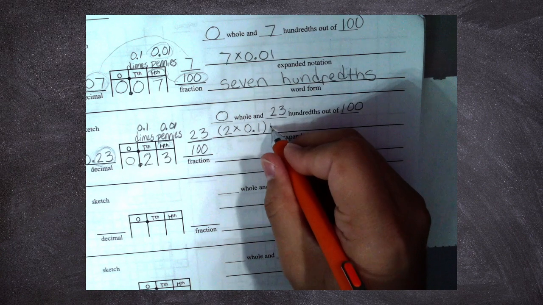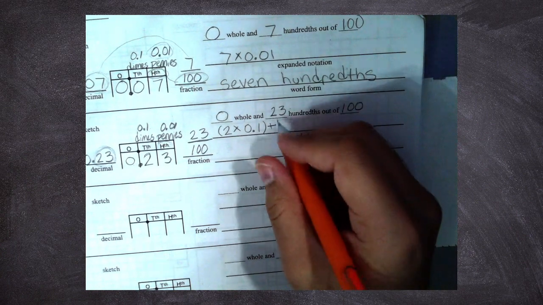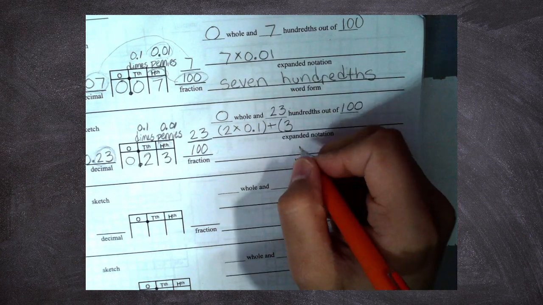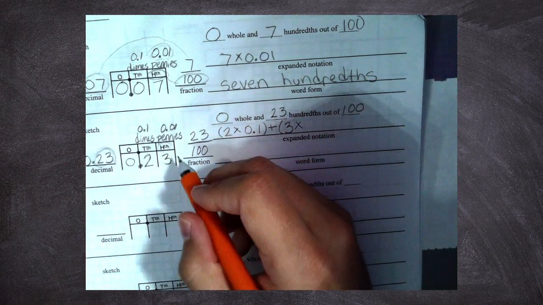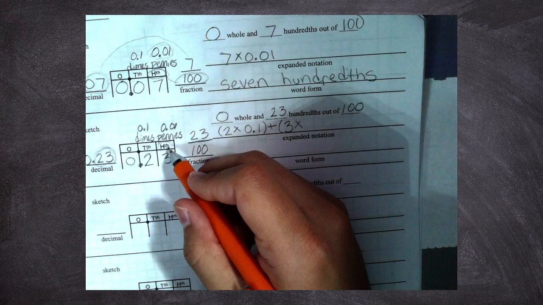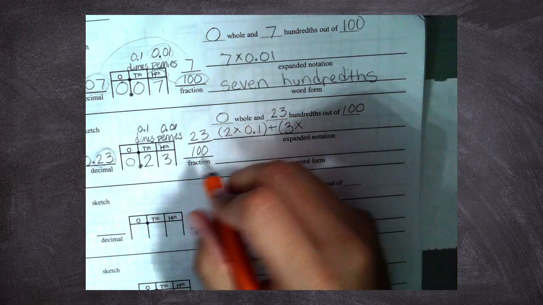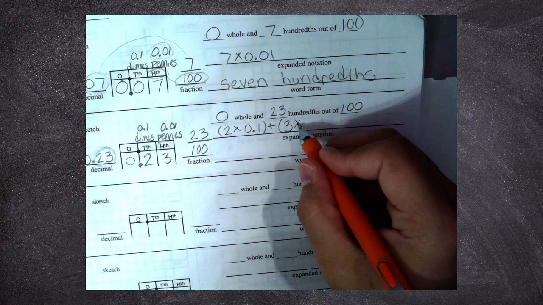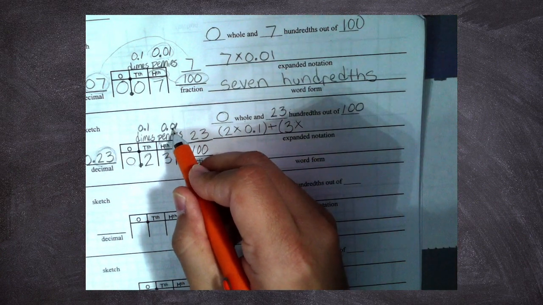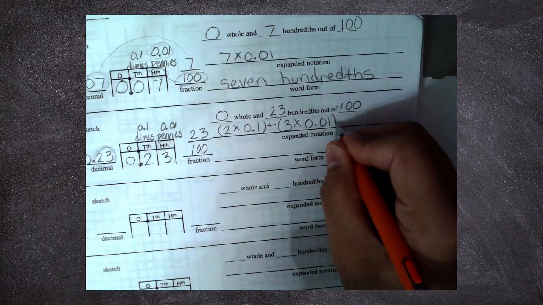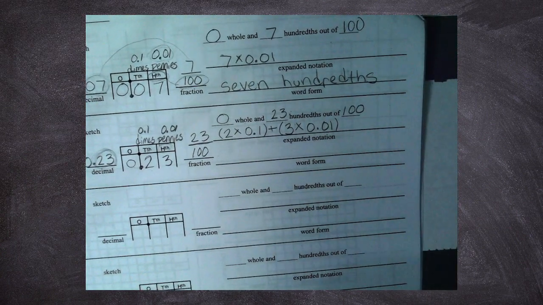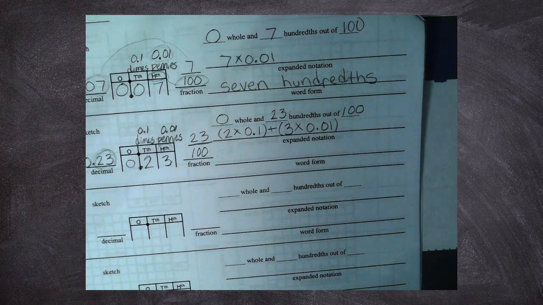There's also a 3, and I can't skip that. Plus 3. 3 is in the hundredths place. Show that, but 3 times 0.01. Good. Glad you're back, Messiah.